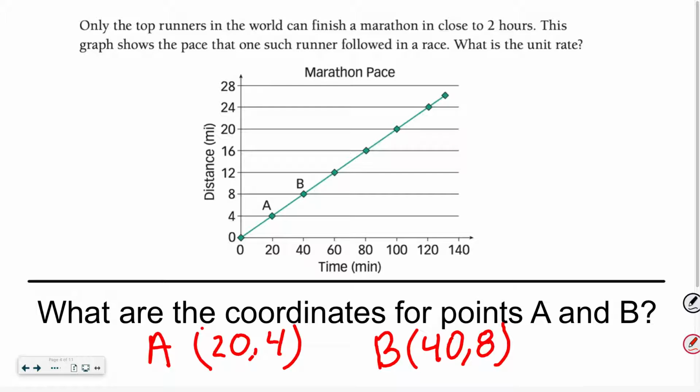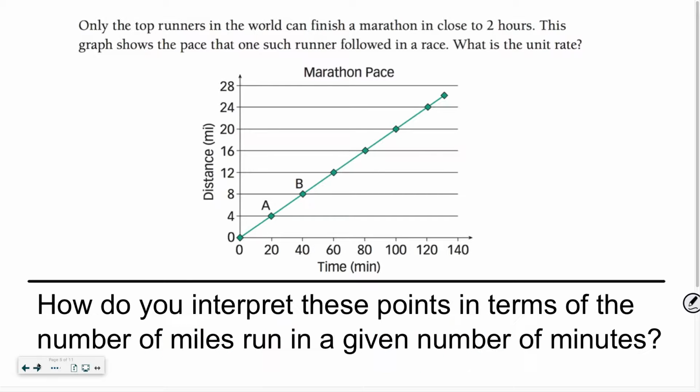So how can this help us? What does it mean, 20, 4? What does that mean as far as the graph? So in terms of the problem, what does the coordinate represent for 20?